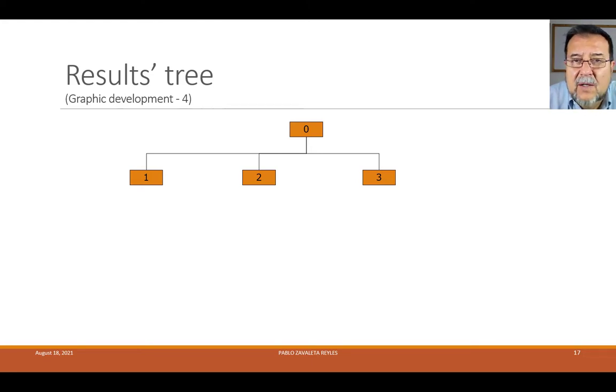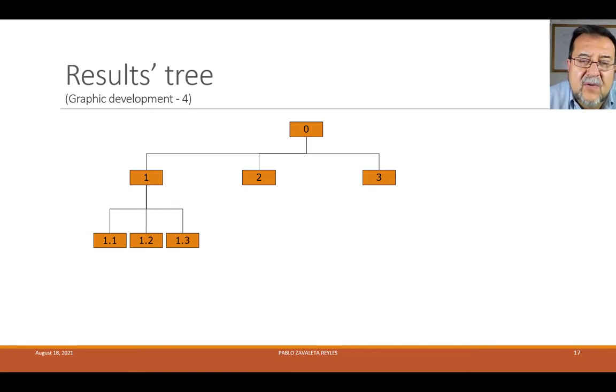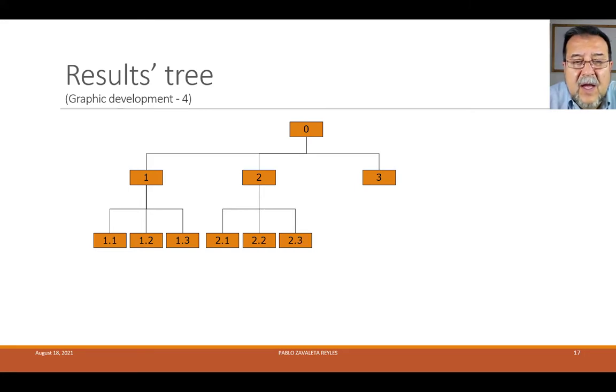And result 1 by itself has three component results. Result number 2 has 3 on itself, and result number 2.2 has its own 3 components by itself.